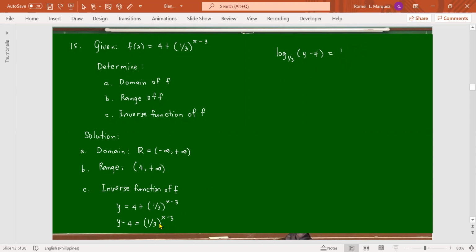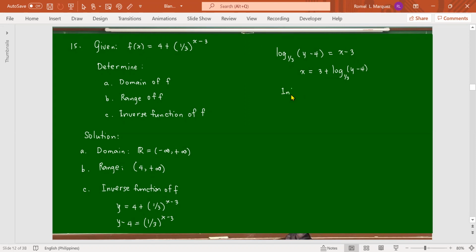So when changed to logarithmic form, we have log of y minus 4 to the base 1/3 equal to x minus 3. Okay? The logarithm is the exponent. X therefore is equal to 3 plus log of y minus 4 to the base 1/3.